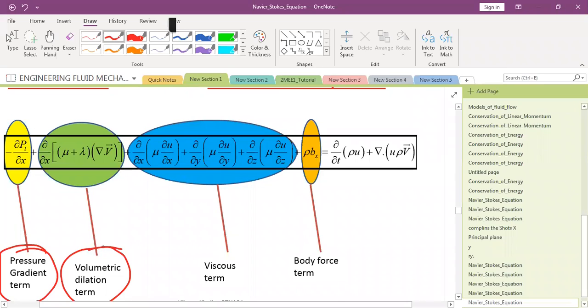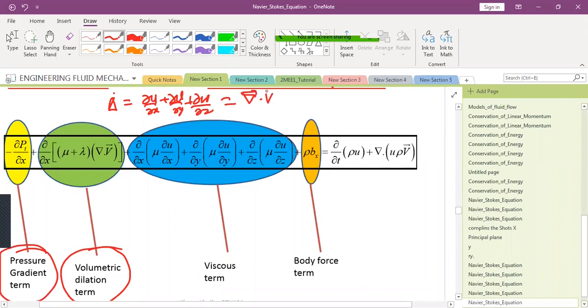What do you mean by volumetric dilation term? It is the term corresponding to the change with respect to volume. Please remember delta dot is equal to curly u by curly x plus curly v by curly y plus curly w by curly z. This is also equal to del dot v. Please remember this formula.